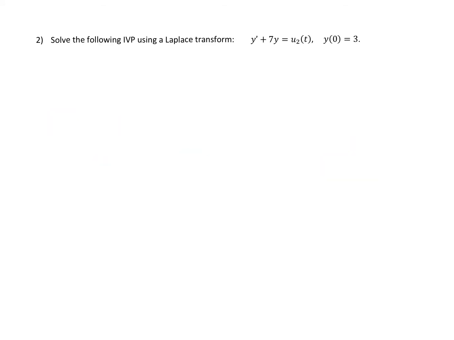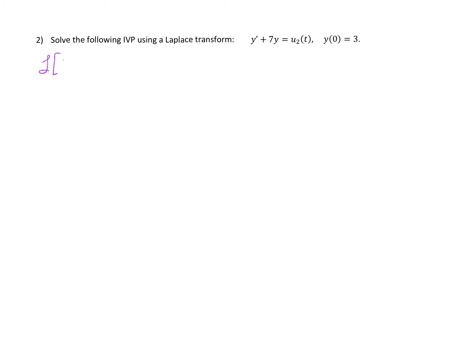Okay, so the next problem is to solve this initial value problem using a Laplace transform. y prime plus 7y equals u2 of t, and y of 0 equals 3. So if we're going to use the Laplace transform, you generally start by taking the Laplace of both sides.